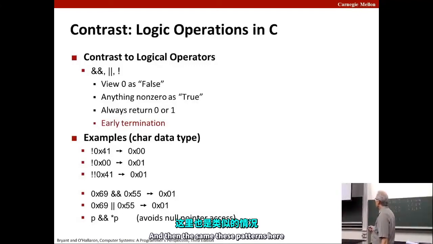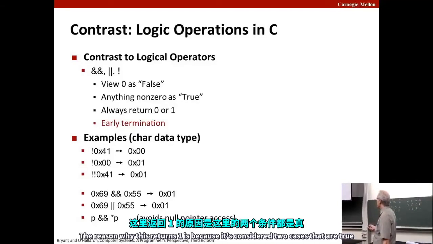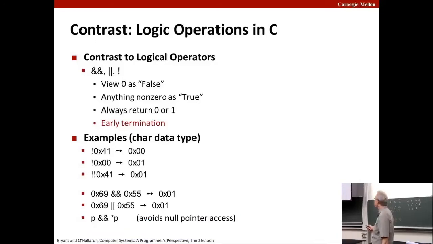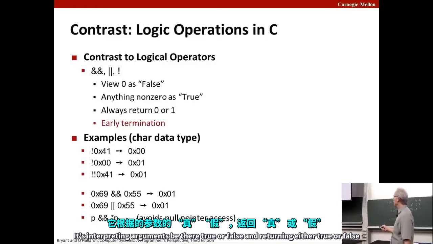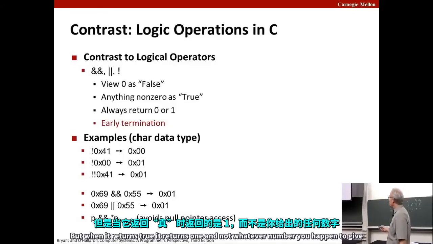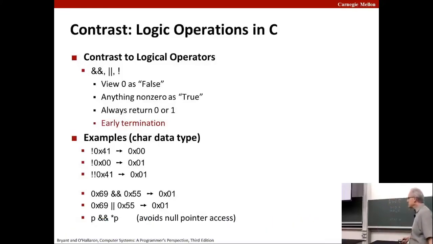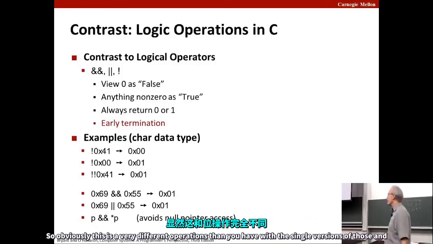And similarly, these patterns here return 1 because they are considered two cases that are true. So it's not doing bitwise operations. It's just trying to create true and false. It's interpreting arguments to be either true or false and returning either true or false. But when it returns true, it returns 1 and not whatever number you happen to give it. So obviously, this is a very different operation than you have with the single versions of those.